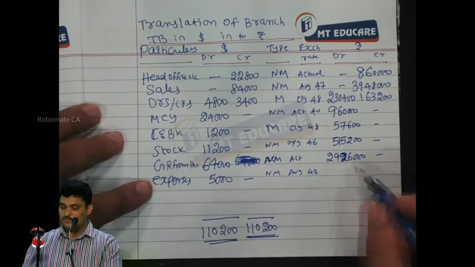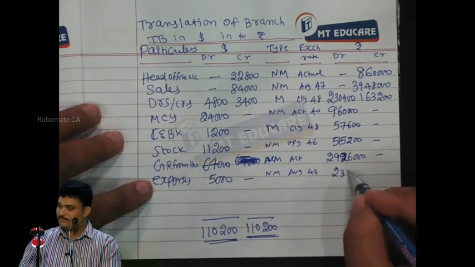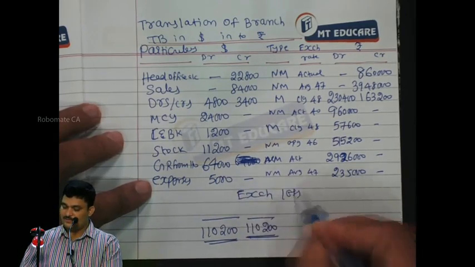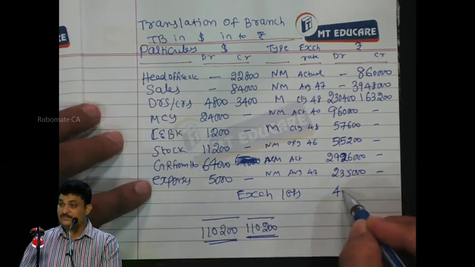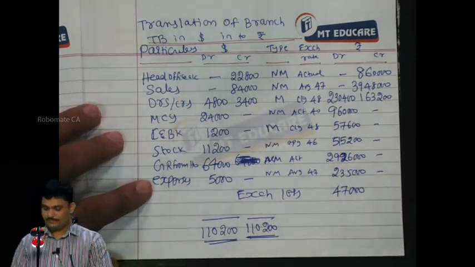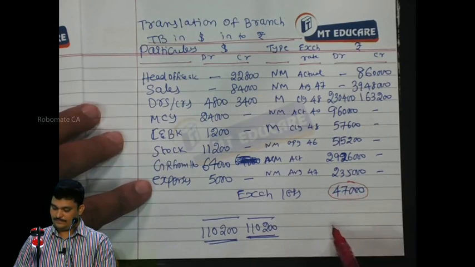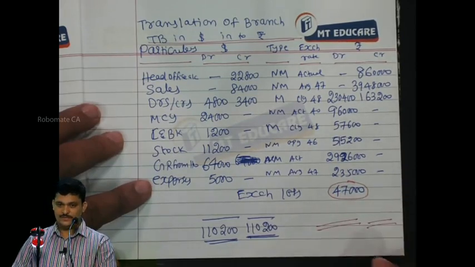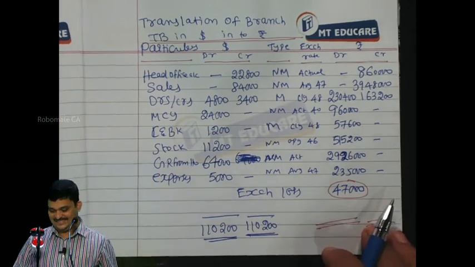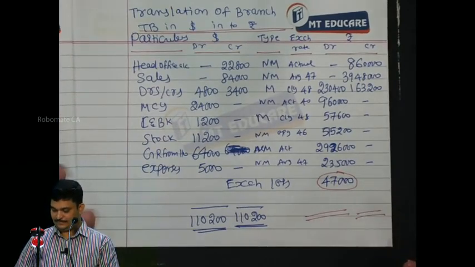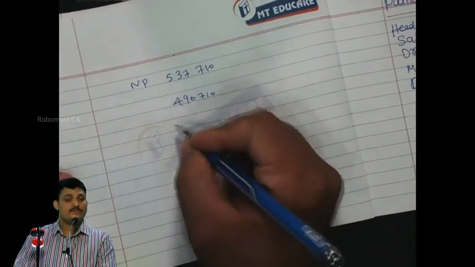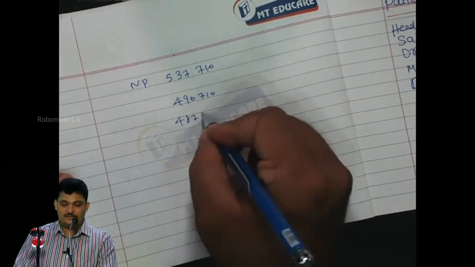How many lakhs? 2 lakh 35,000. Exchange loss. How much? 40. You told one answer, no? You didn't account, no? 490, 70. 487 and 60.